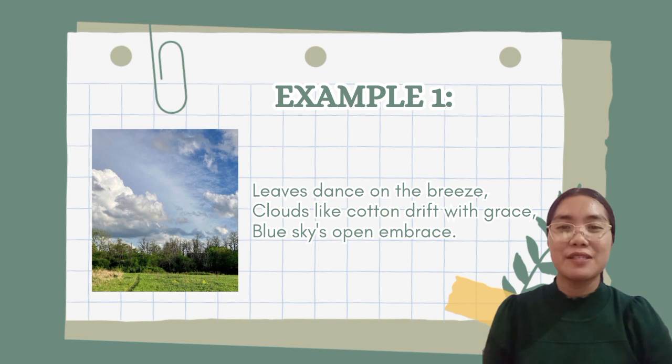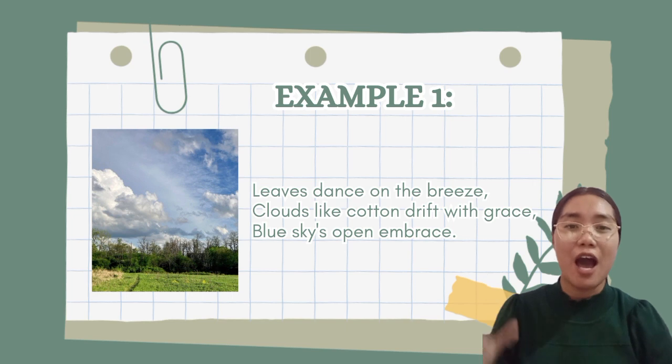It captures the delicate movement of leaves in the wind, the graceful drifting of clouds, and the vast, welcoming expanse of the open blue sky, as what you can see in the picture, right? There are three leaves and clouds, and it looks good while picturing nature. So that's the nature theme of this example.